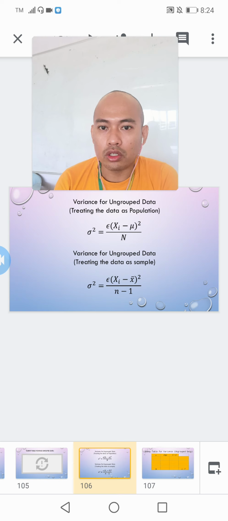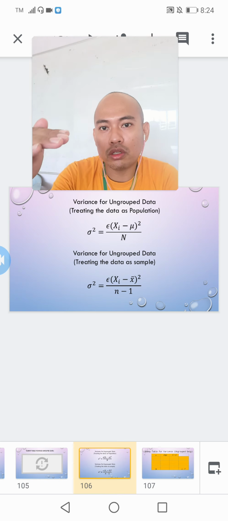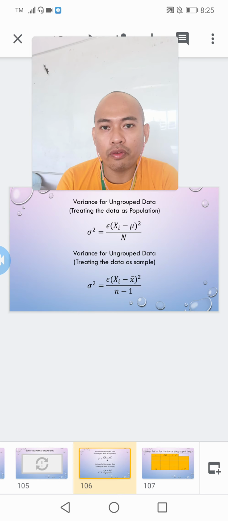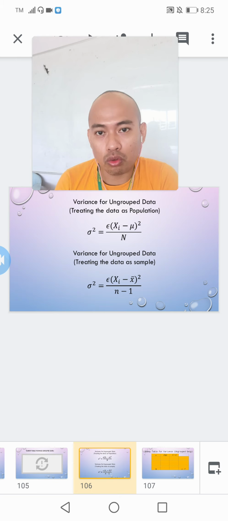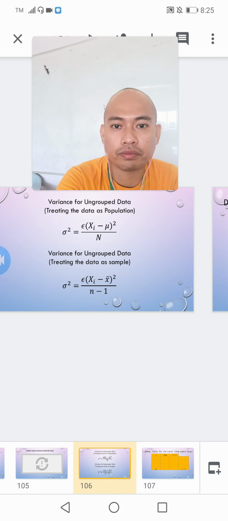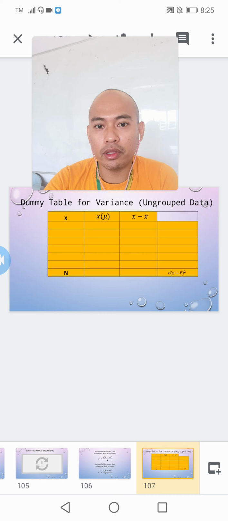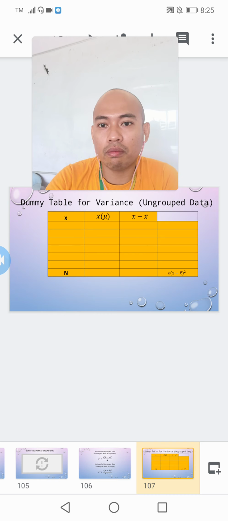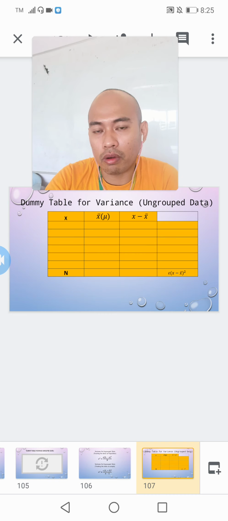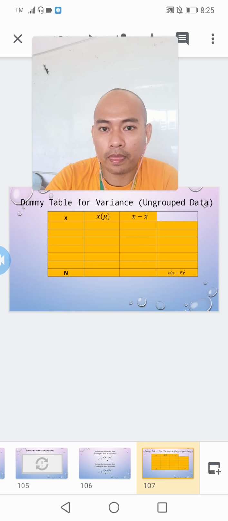So the upper formula is good for ungrouped data treated as a population, while the lower formula is used when you are treating the data as a sample. This will be the dummy table for the variance of ungrouped data.